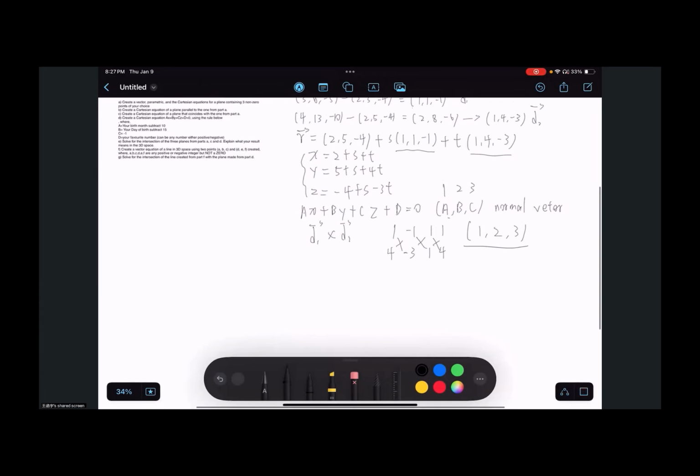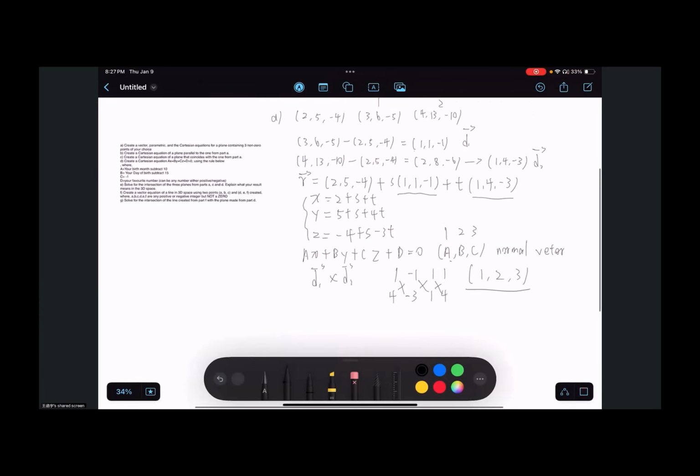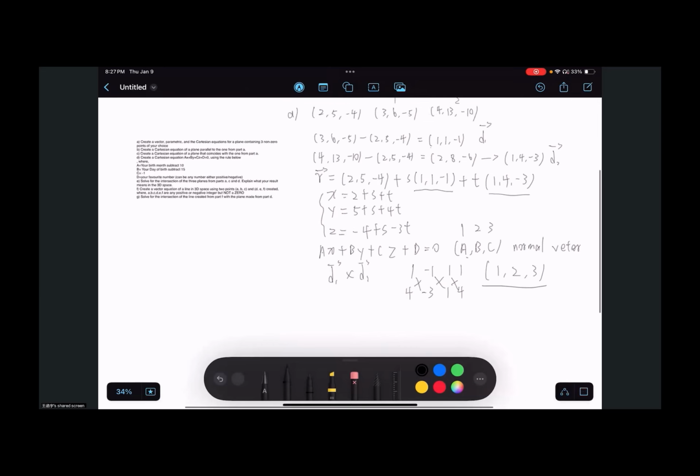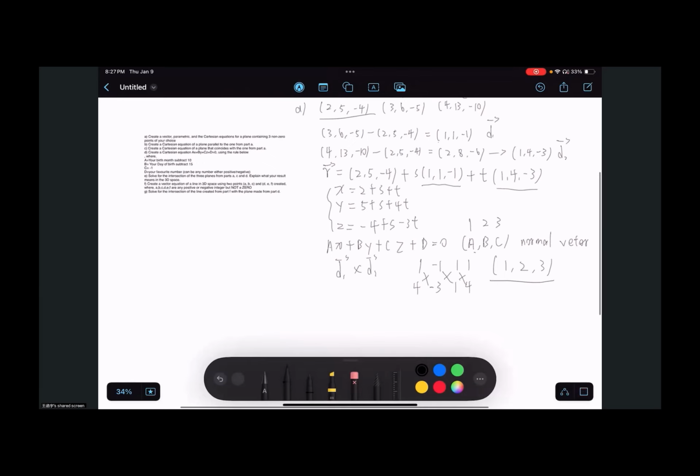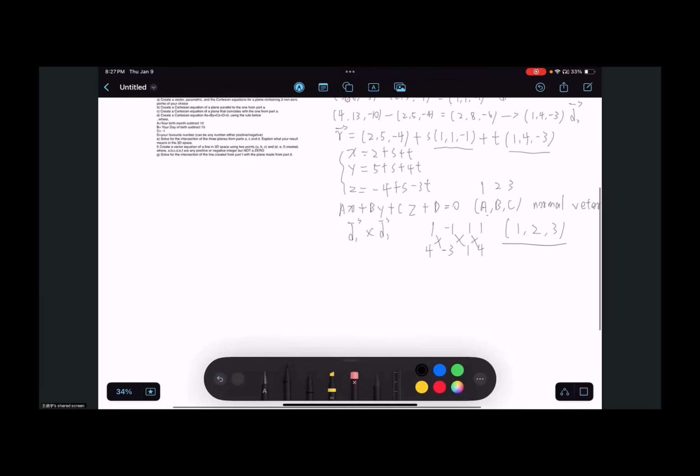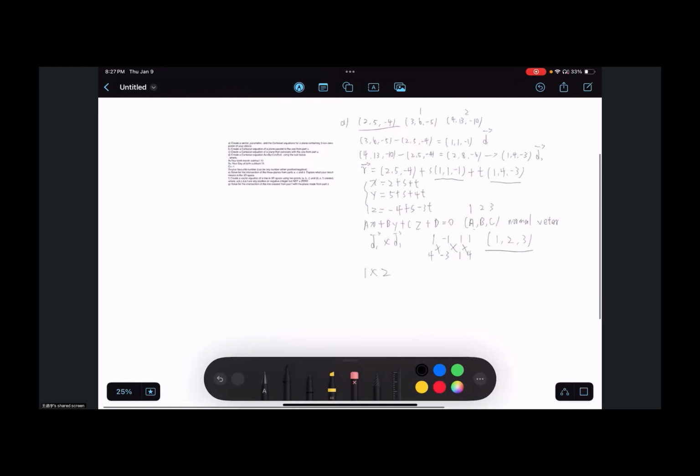Then we need to solve for d, and for d we can just use the point we chose at first. Let's just use 2, 5, -4. So it's 1 times 2, plus 2 times 5 minus 3 times 4 plus d is equal to 0.